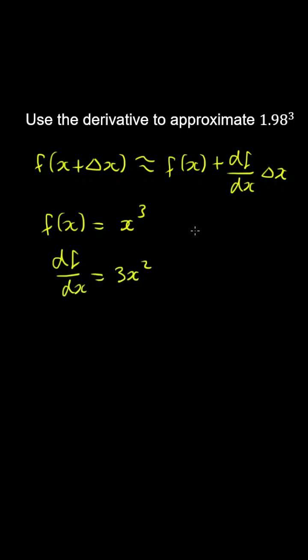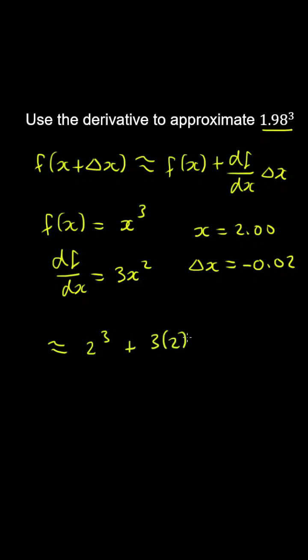If we choose x equal to 2.00 and delta x equal to minus 0.02, then our approximation is equal to 2 cubed plus our first derivative, which is 3 by 2 squared, multiplied by delta x. So that gives 7.76. And if you evaluate this in your calculator, you'll get a similar result.